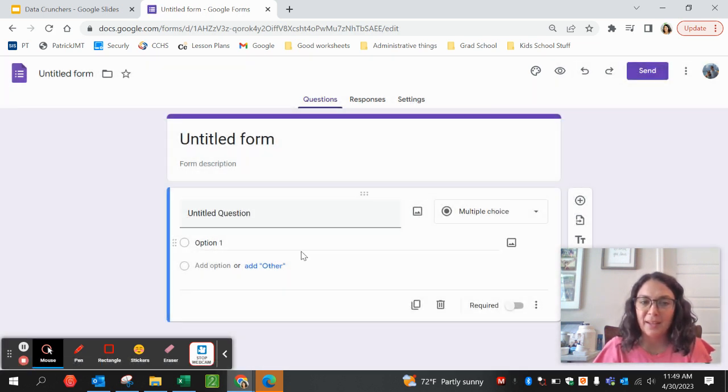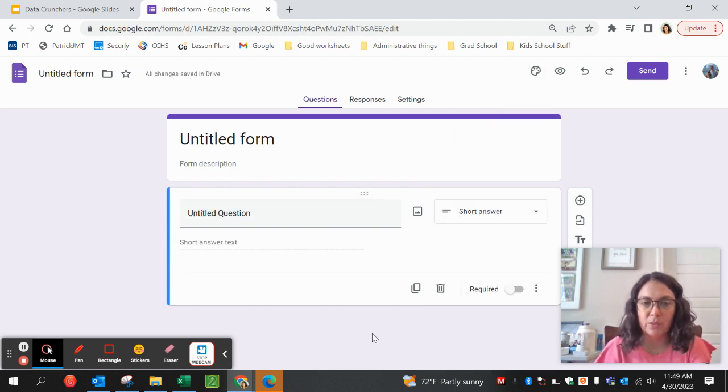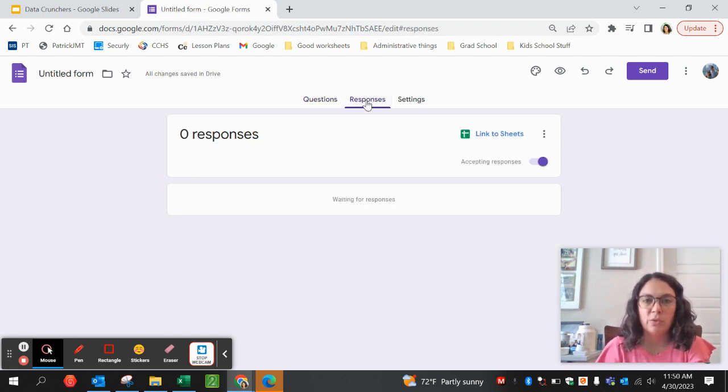They didn't need a multiple choice question, they needed an open response question so that they could collect those data points and put them together. So they needed to ask two questions. They needed to title their form with the question so that people knew what they were asking for. And then I also showed them how to get their responses and analyze their responses based on what they got.